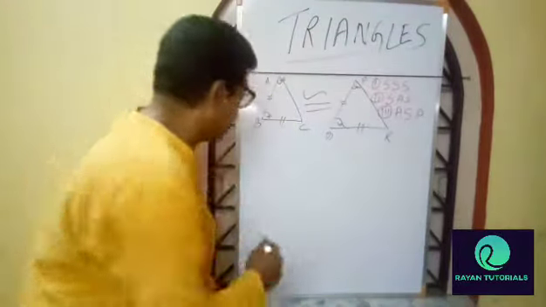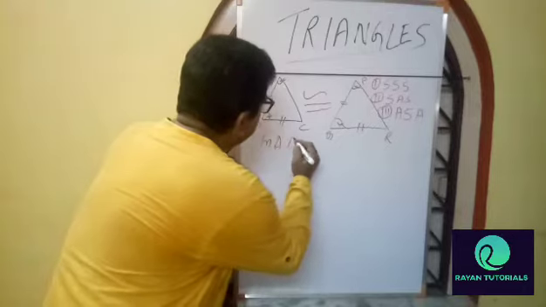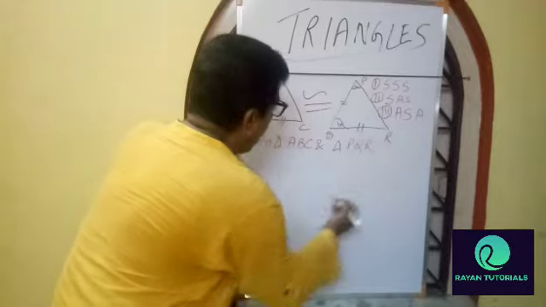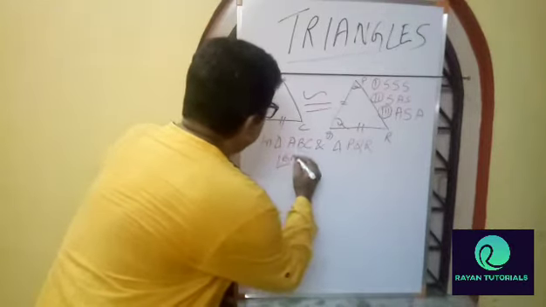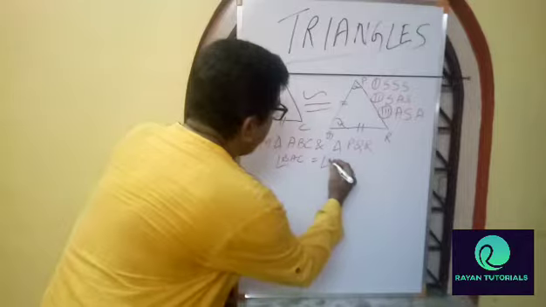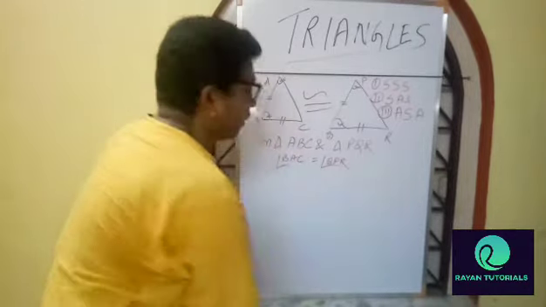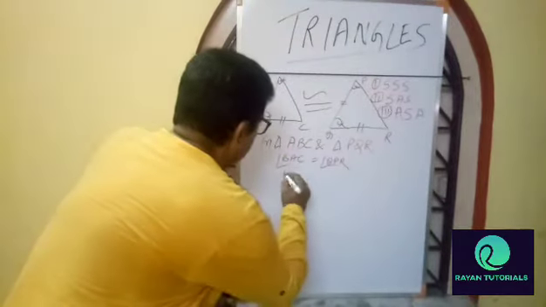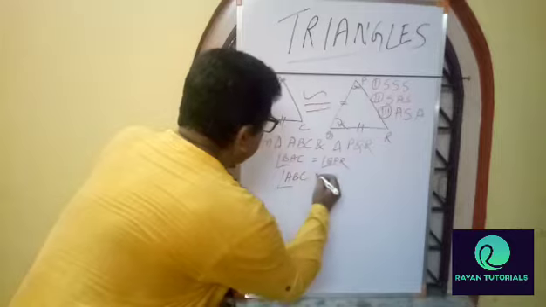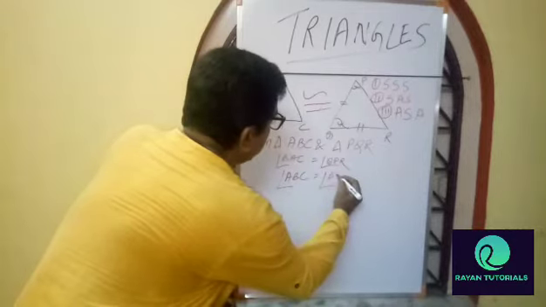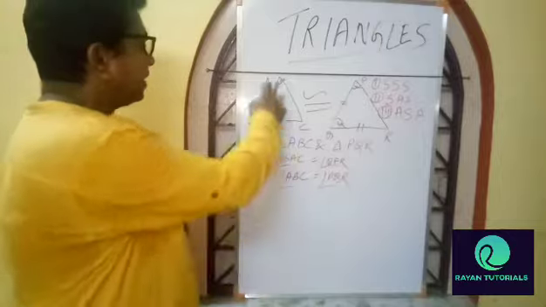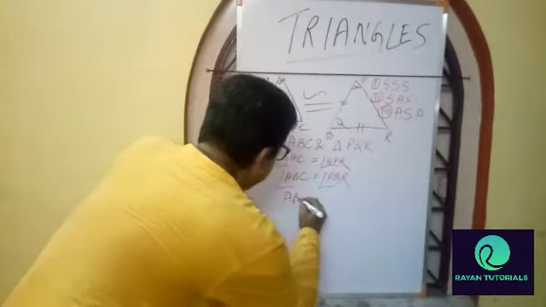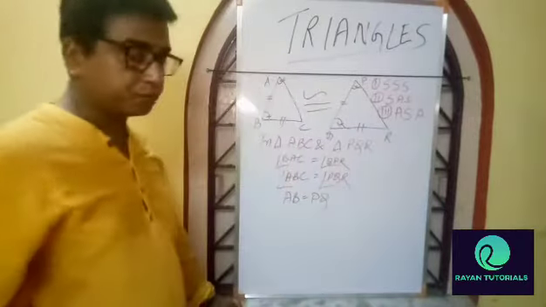We will write like this: in triangle ABC and triangle PQR, angle BAC is equal to angle QPR, and also angle ABC is equal to angle PQR, and this side AB is equal to PQ.